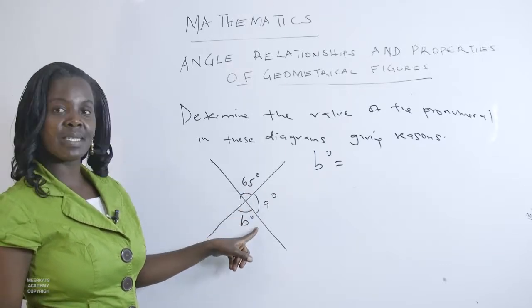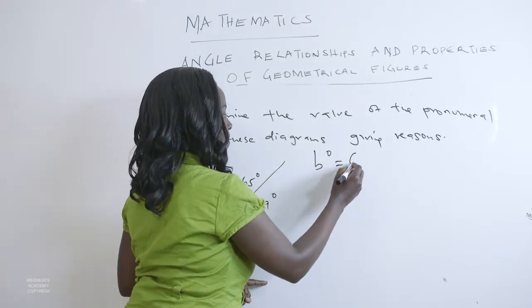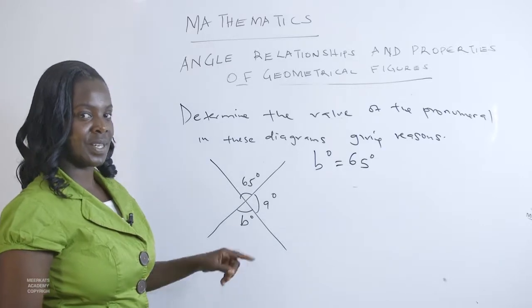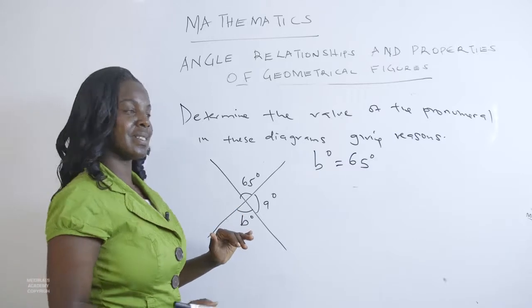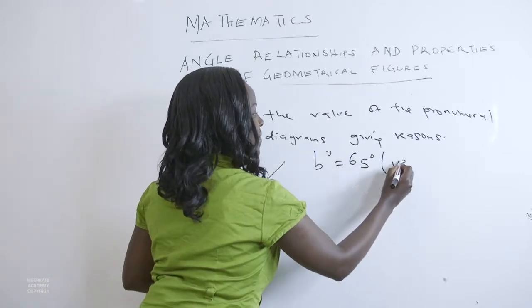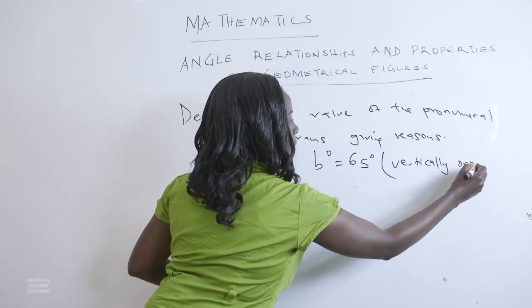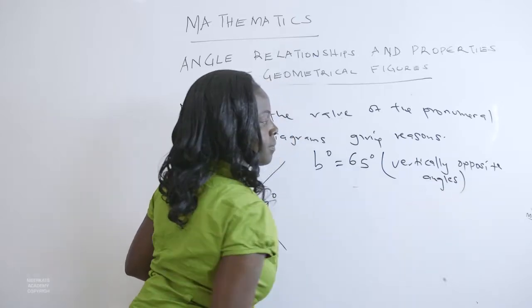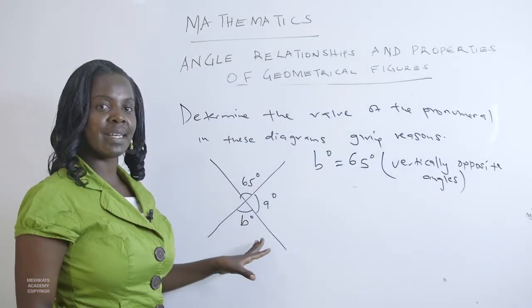The value of B is 65 degrees. Why are we saying it is 65 degrees? If you can remember the definition of vertically opposite angles. We said that vertically opposite angles are equal.